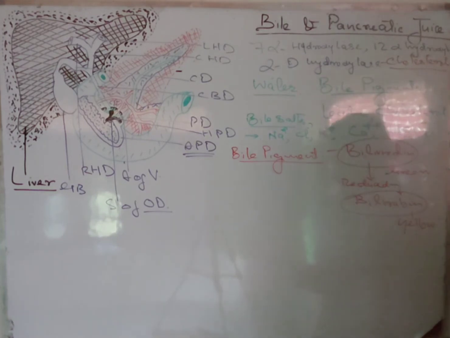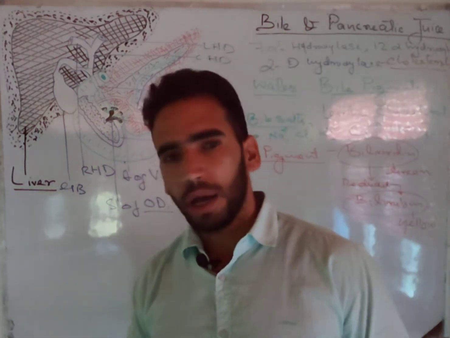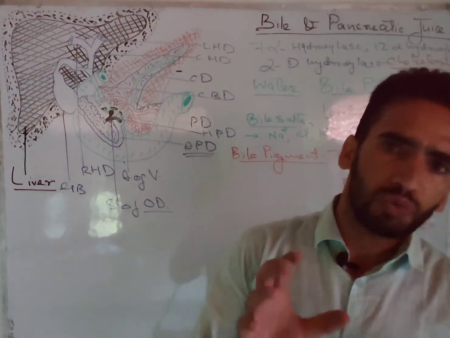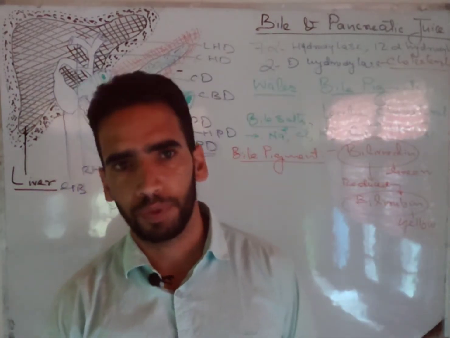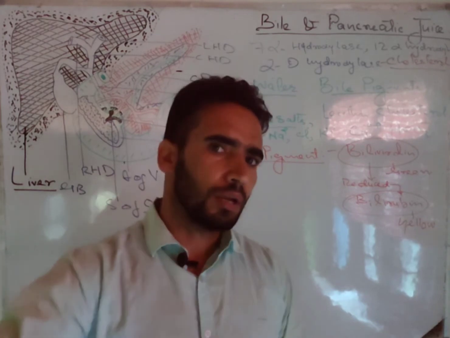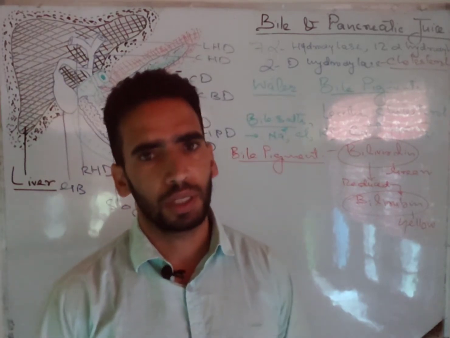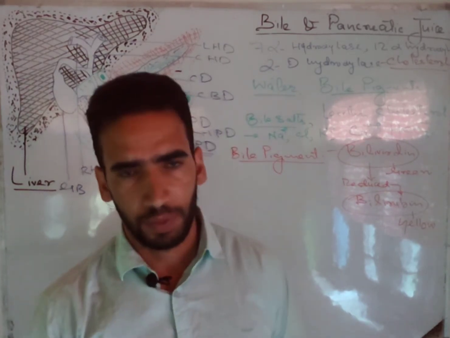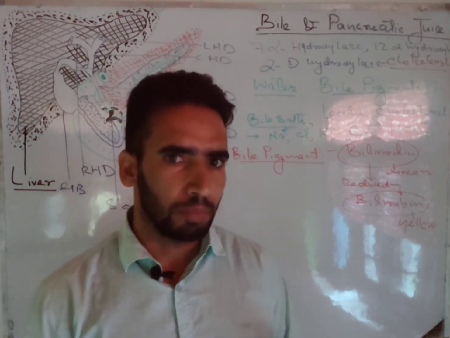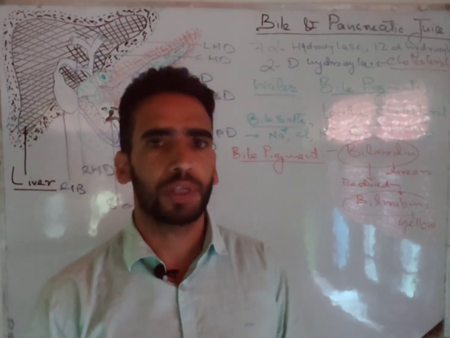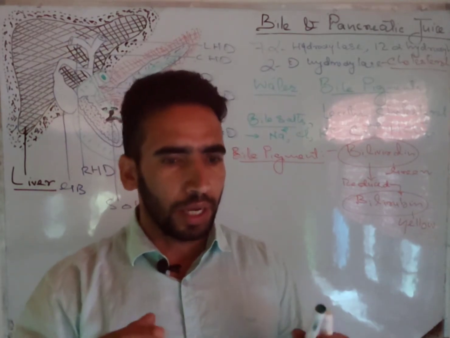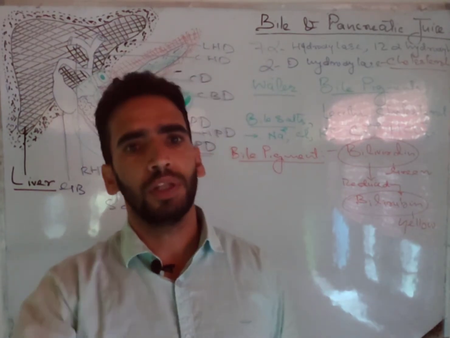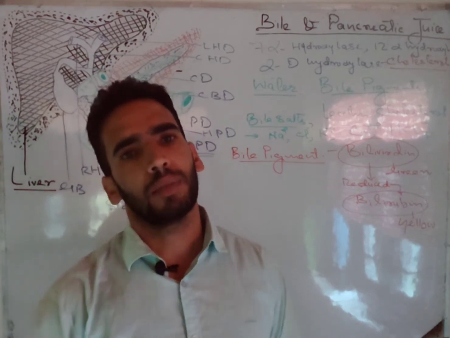See, actually the RBCs take almost 120 days to complete their life cycle. Everybody knows it. When the life cycle of the RBCs is completed, then they die. And you know that the main constituent present in the red blood corpuscle is hemoglobin, and that hemoglobin remains within the membrane of the red blood corpuscle.